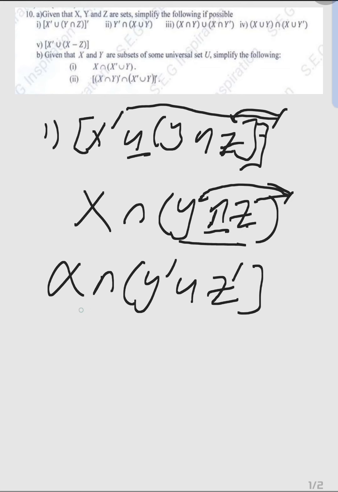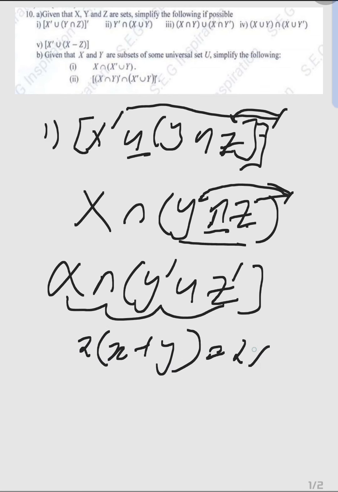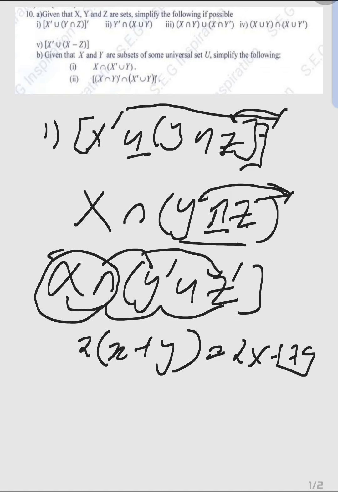Alright guys, so now if you have these three, it's the same as, if I take you back to maybe grade junior secondary, if you have 2 times x plus y, this is the same as 2x plus 2y, isn't it? So I'll take this x together with the intersection, and I'll multiply it with everything that is in here, also with that one. Are we together?